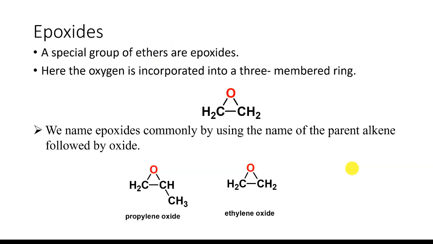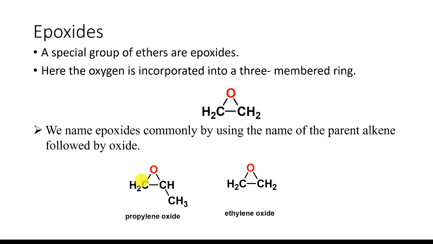Now, epoxides are a different class, or I should say a special class of ethers, in that they are relatively reactive, even though they are ethers. The reason for this is that there's a lot of strain in a 3-membered ring, and so epoxides, even though they're ethers, tend to be reactive because of that additional strain.